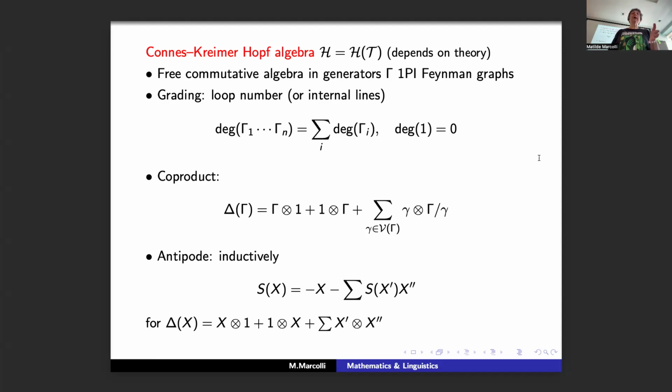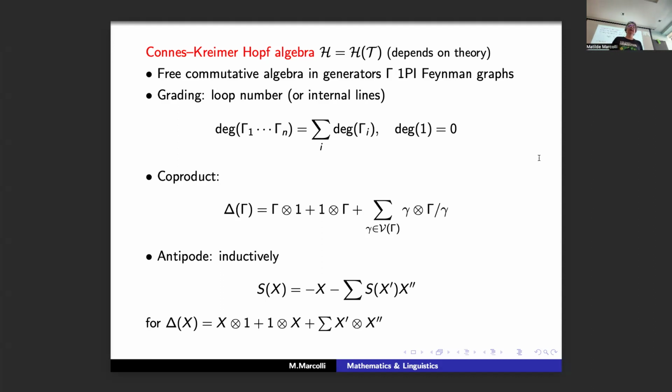As an algebra, it's just a polynomial algebra over these, which means that you take the disjoint union of these, and the corresponding integral that you compute will be a product over this disjoint union. So as an algebra, it's just the commutative algebra generated by these graphs.